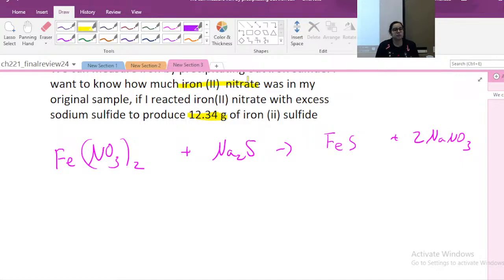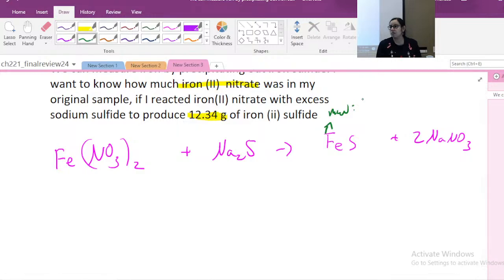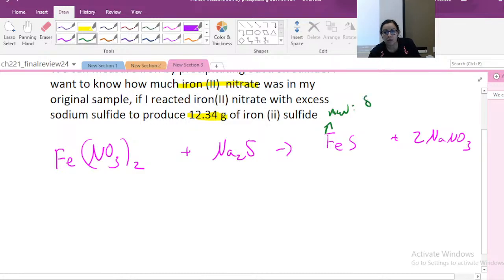Yeah. You can find the formula mass of iron(II) sulfide. So let's do that. Does anyone have that molecular weight handy? 87.911.